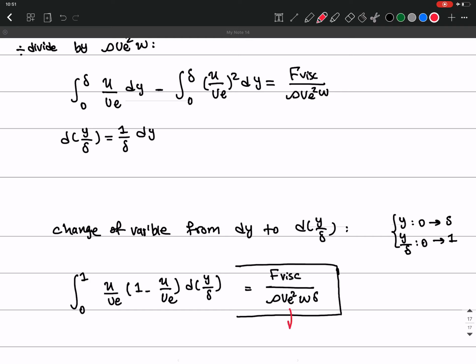So this is what we call the drag coefficient. It's a non-dimensional number, so we call it drag coefficient. And this one, we call it theta over delta, where theta is the momentum thickness.